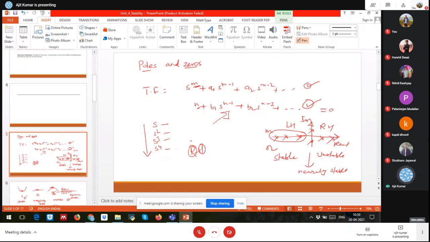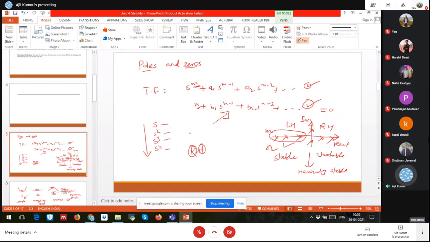So this class was, as a quick recap, about understanding the concept of stability. In terms of control systems, the plain definition is: if the output response is bounded for a bounded input, then it is known as a stable system. In the context of poles and zeros, if all of the poles are in the left half of the plane, then the system is stable. Otherwise, it will be either unstable or neutrally stable.